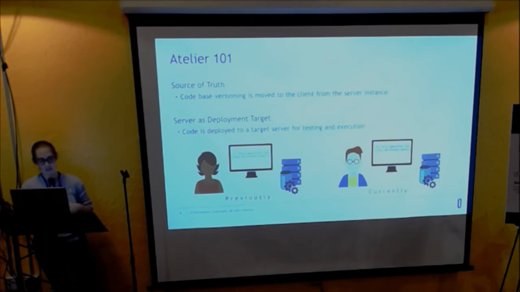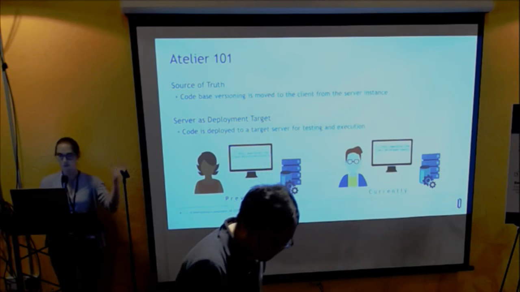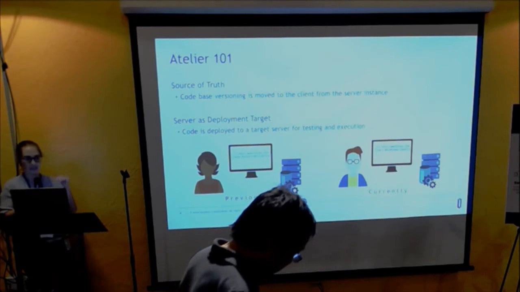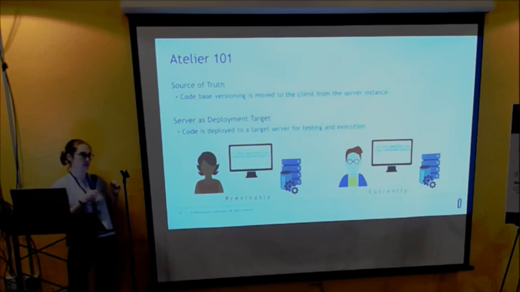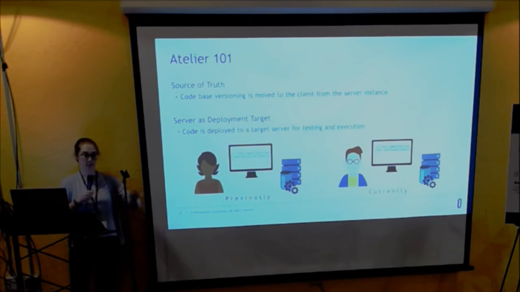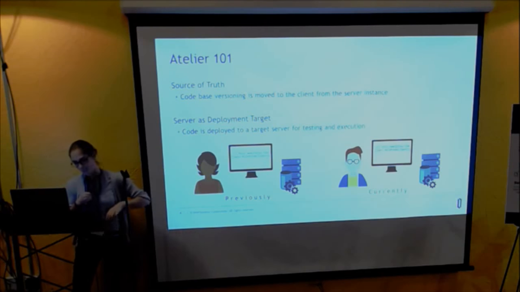And the major thing you need to know in transitioning from Studio, or if you're starting with Atelier, is that we've moved the source of truth to the client, and now the server is a deployment target. It's not where you write your code anymore. I've got these little illustrations to help out.